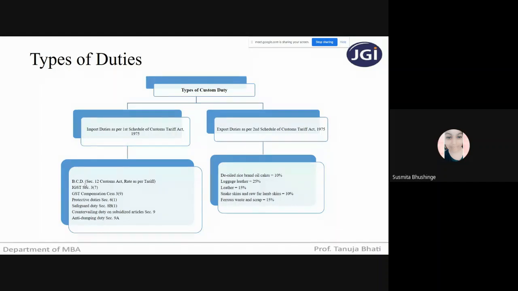Yes, ma'am. So once again, in short, BCD is a basic customs duty which is levied on the goods that are being imported. It is levied at the rate of 10% on the value of the goods imported.